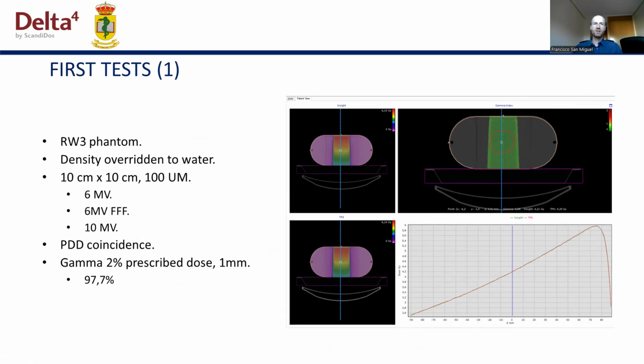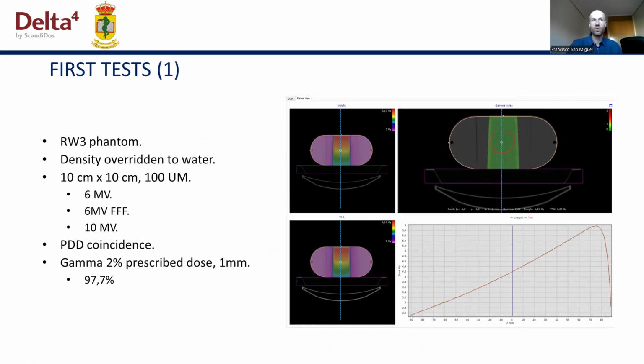All the preliminary tests were performed using a homogeneous plastic water phantom in which the density was overridden to water in order to start with the simplest possible geometry. In the first test, a 10 by 10 square field with 100 monitor units was planned for each of the clinically used energies in the treatment planning system.